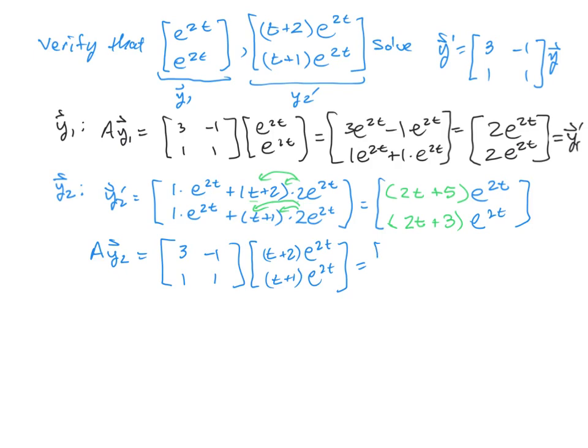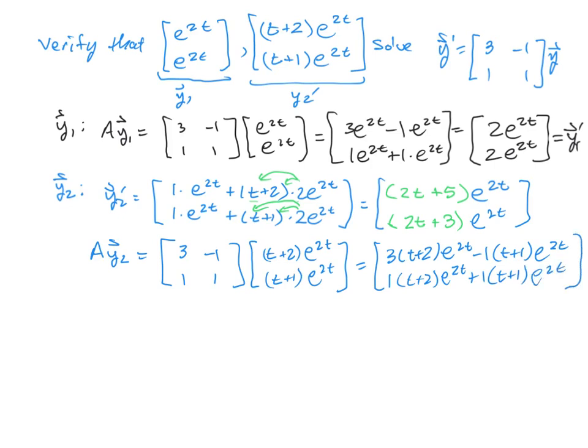When I multiply this out, I'm going to have 3 times the t plus 2, e to the 2t, minus 1 of the t plus 1's e to the 2t. And then for the other one, it's 1 of the t plus 2, e to the 2t, plus 1 more of the t plus 1, e to the 2t.